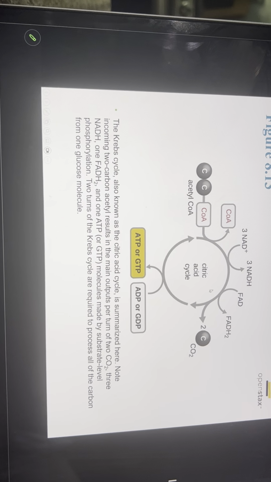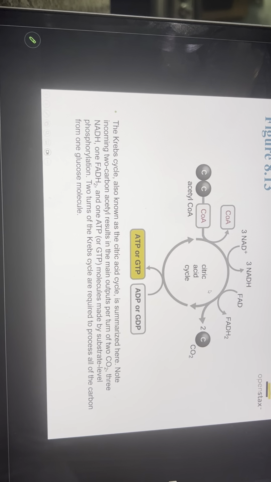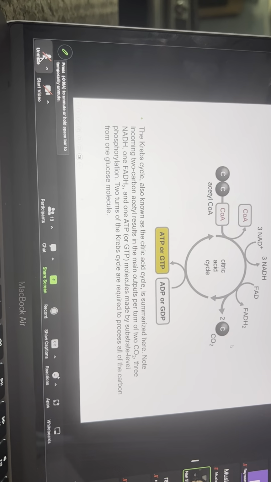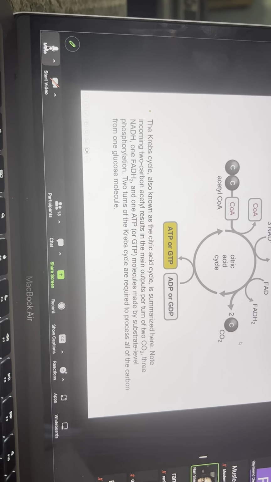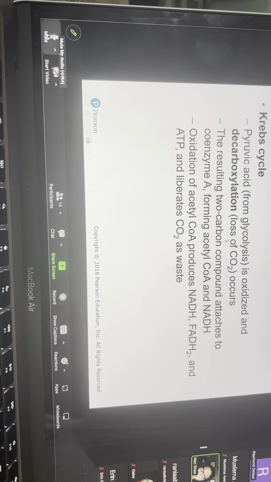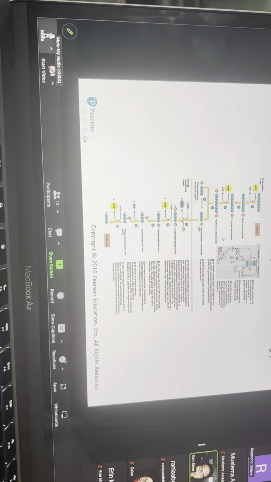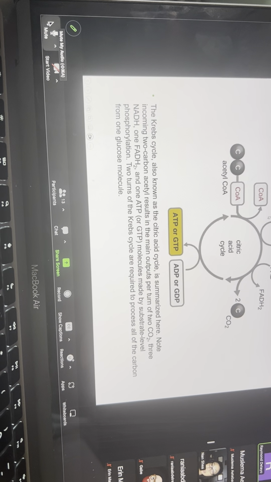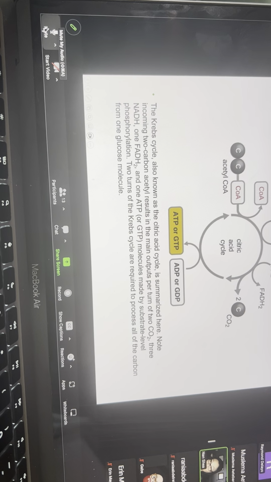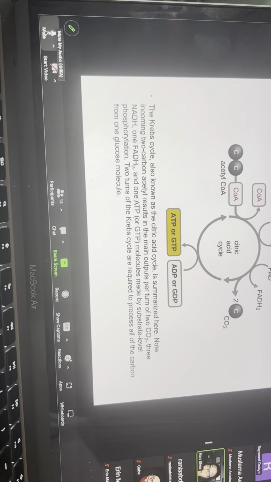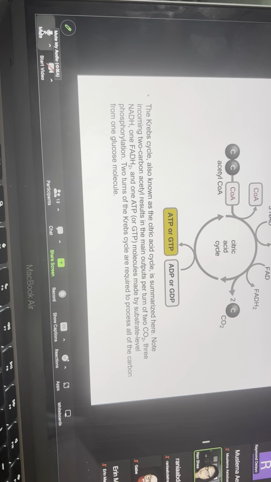Between glycolysis and the citric acid cycle, which one makes more NADH and FADH2? Which one will give the cell more in terms of number?